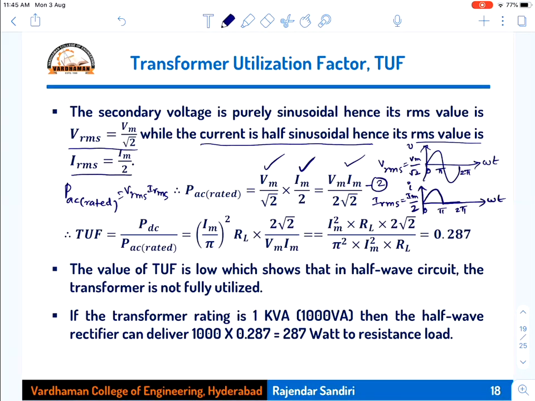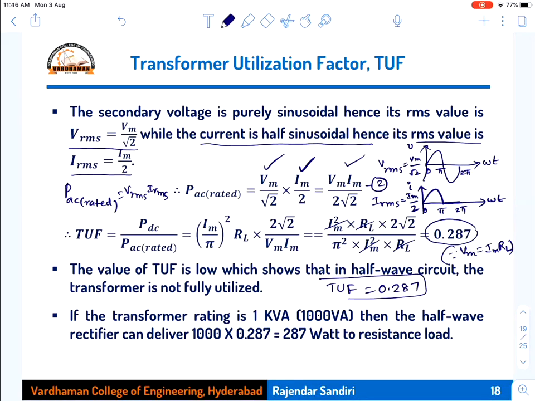So just write down Vm is equal to Im into RL. Then the numerator Im square RL will cancel. 2 root 2 by pi square will become 0.287. Therefore, the transformer utilization factor is 0.287.